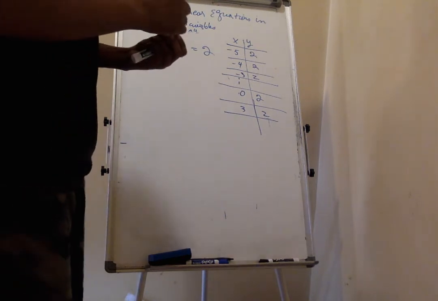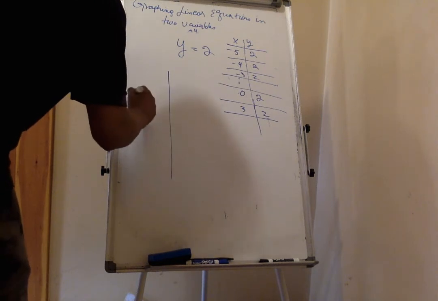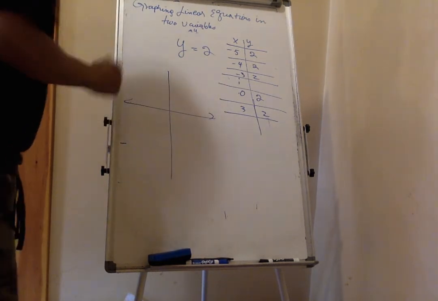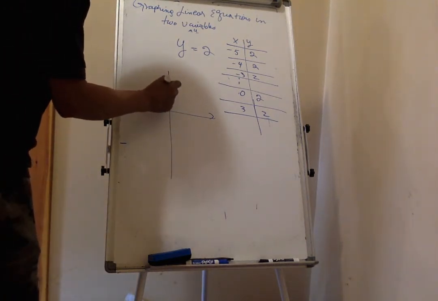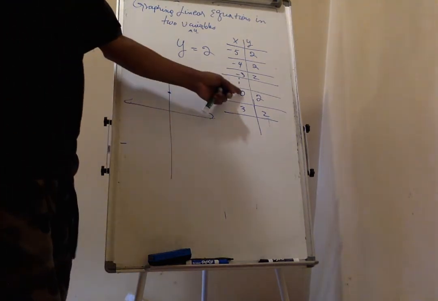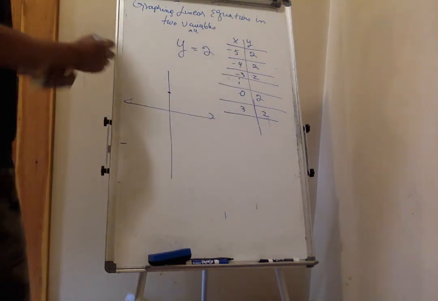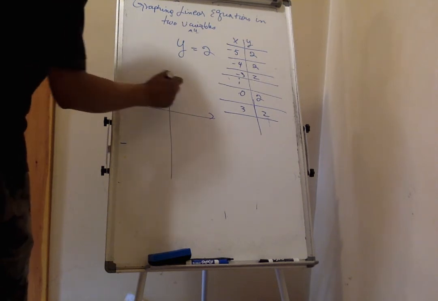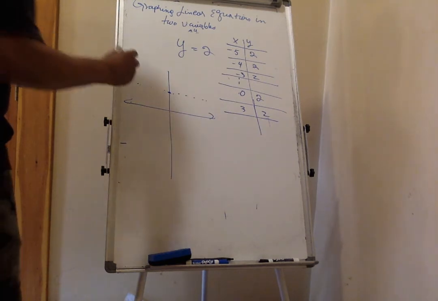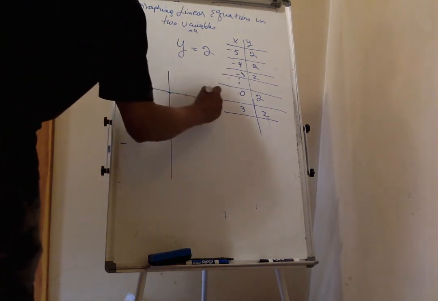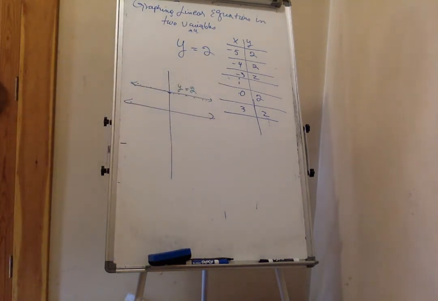And that is easy to draw. If that is the case, all you do is find where the value of y is equal to 2. So it is somewhere here. And you know 0 is 2, -3 is 2, -4 is 2. So if you really put the points, the points are always horizontal. So the graph of y is equal to 2 is a horizontal line.